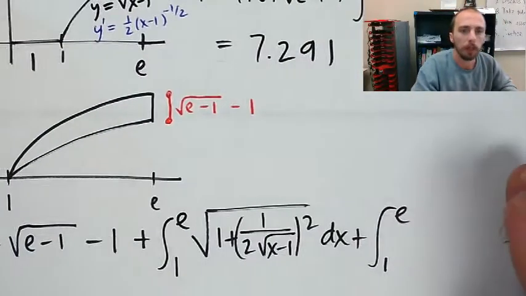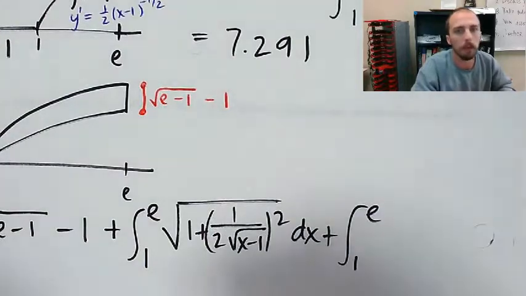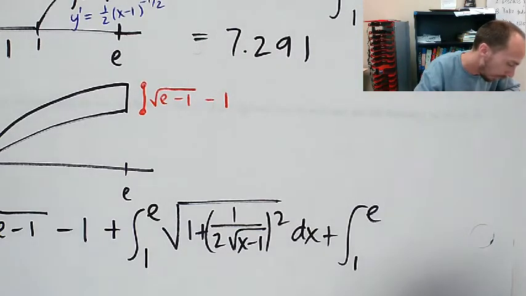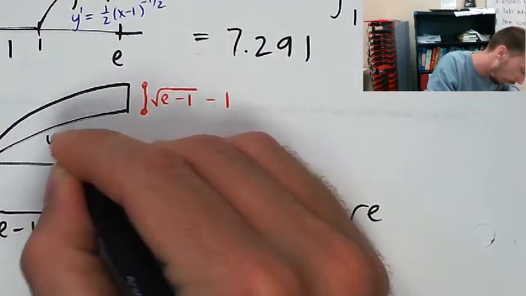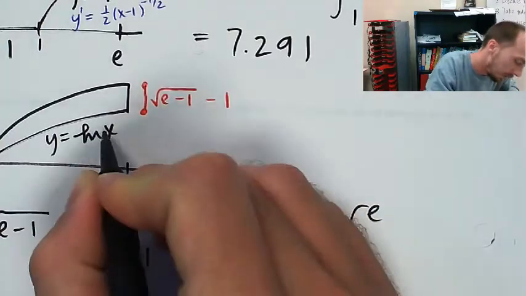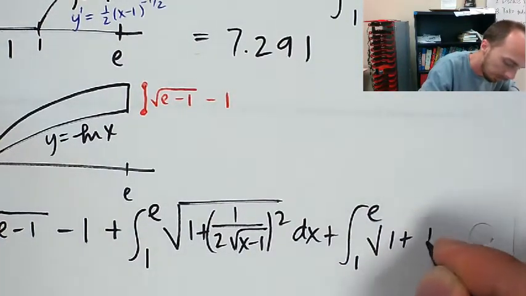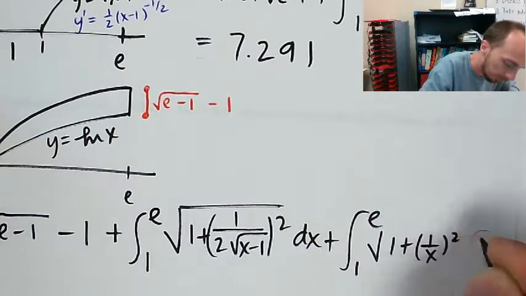We've got to do these separately. If I wanted to combine them and run them as one integral, I'd still need 2 different square roots, so I say just do them separately. 1 to e of, if y equals log of x, then dy dx is 1 over x. So it'll be the square root of 1 plus dy dx squared.